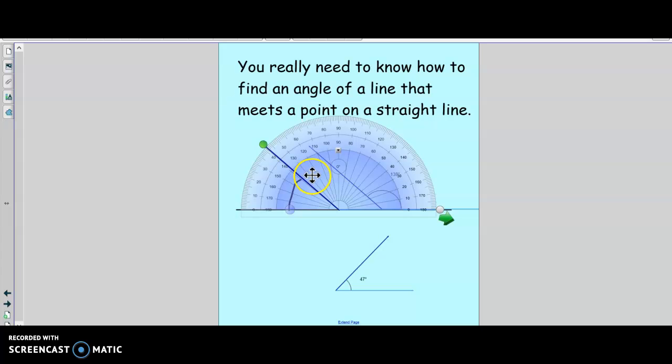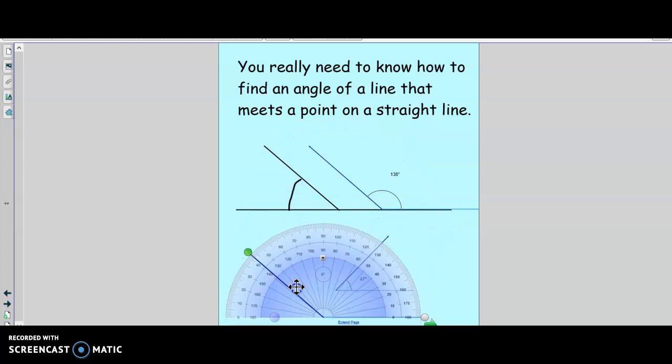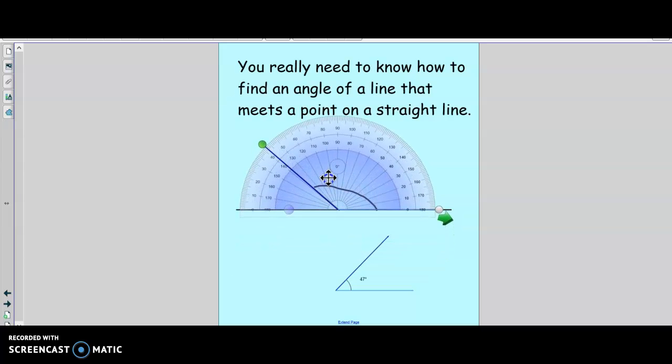Now, if I wanted to get rid of that and measure the obtuse angle, again, I could draw my little curvy line. Let's get a pen back, and get my grabber. Put the protractor back on here.